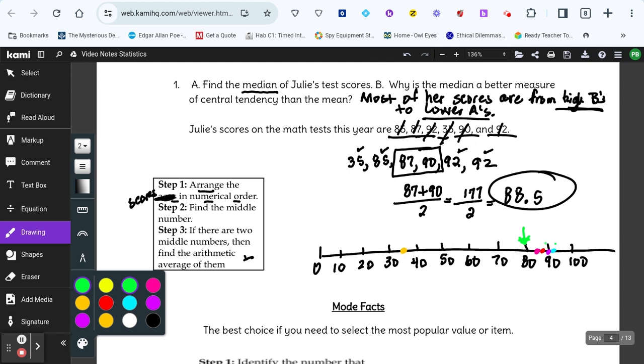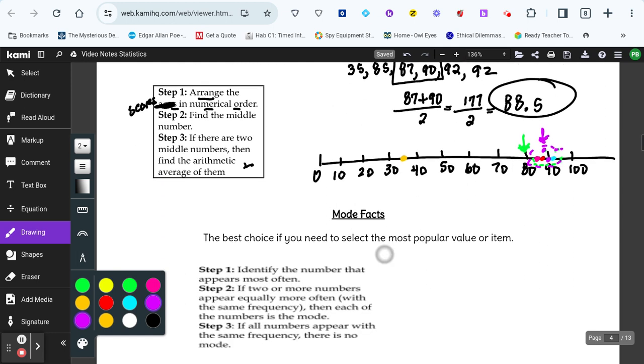I see most of her grades being an 85 or above. But when I use the median, it says her grade maybe lies here, this is the middle. And to me, that's more of the middle of most of her grades. This 80 is not a middle, it's not a center.